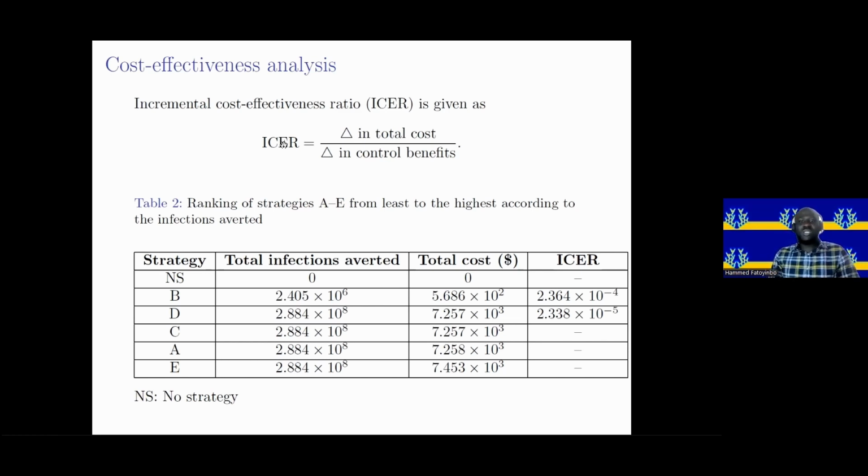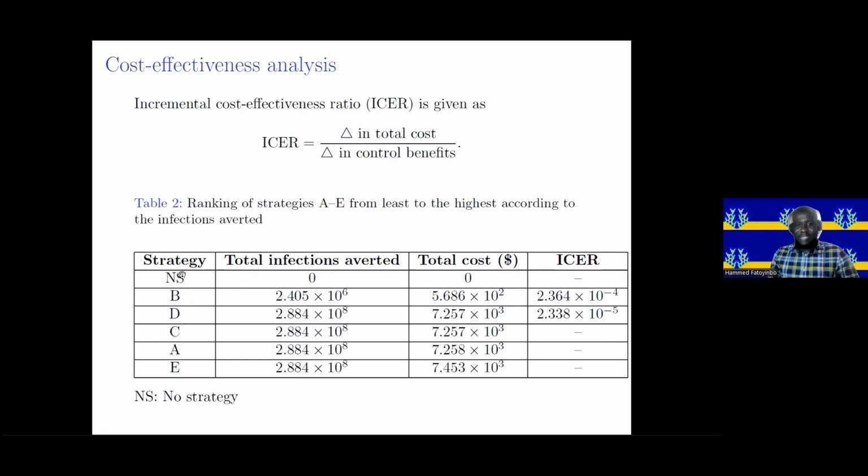So what this ICER does is that we compare two different strategies and check the one with the lower ICER, the least ICER value. From the table here, we can see we have different strategies.